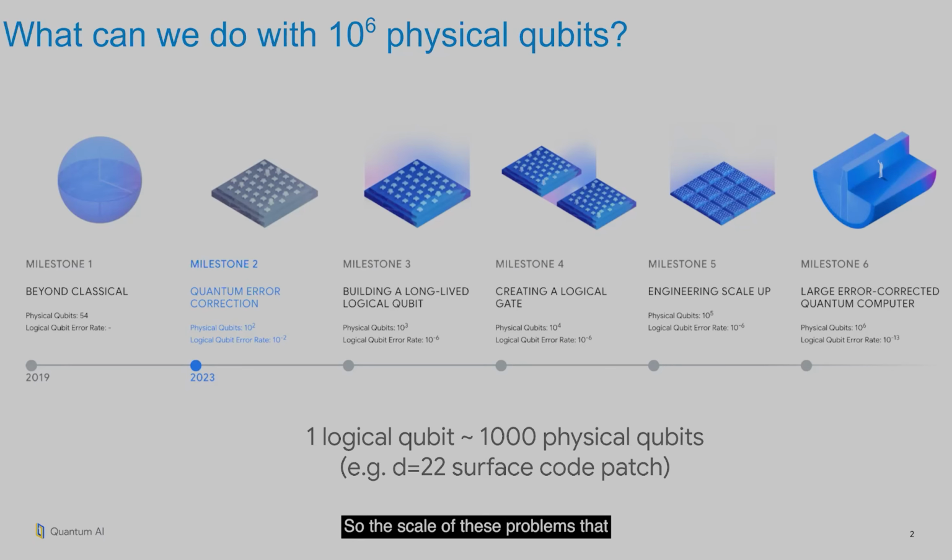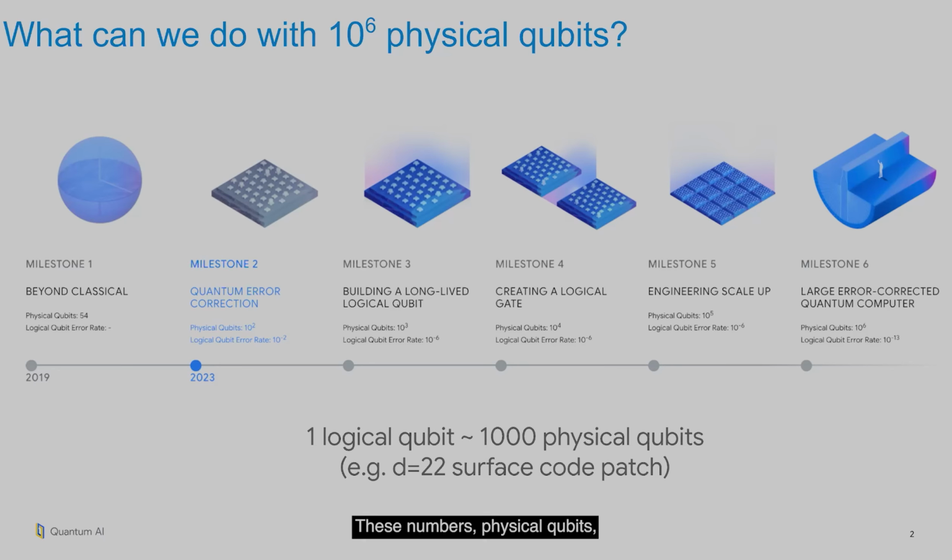The scale of these problems that can generate commercial value, that's what we call utility scale. And really what everybody wants to know is where along the line of these roadmaps can we solve a utility scale problem? Usually there's some translation to logical qubits.